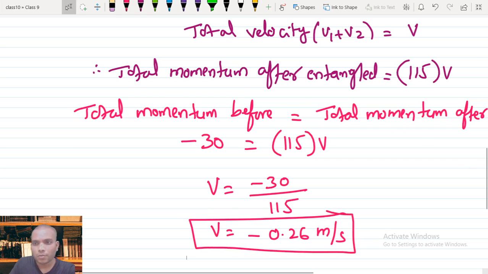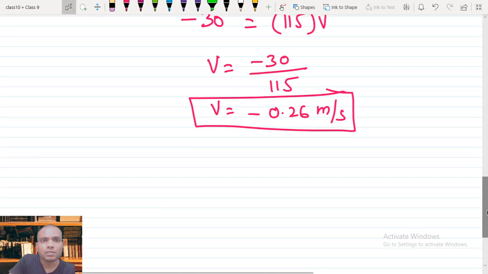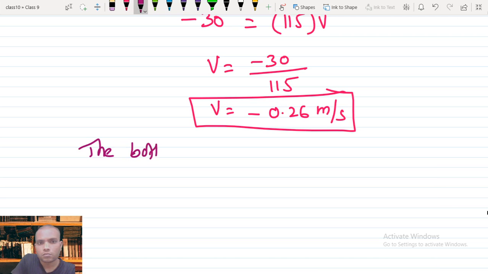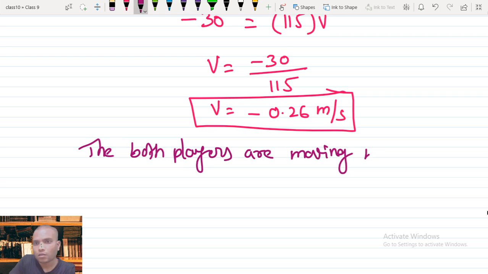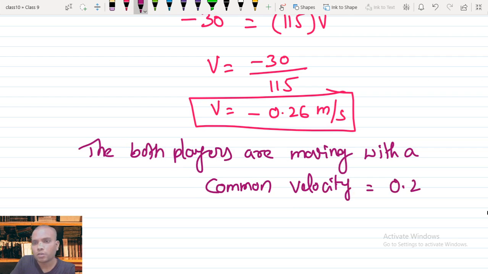Both players are moving with a common velocity equal to 0.26 meters per second. What about the negative sign?